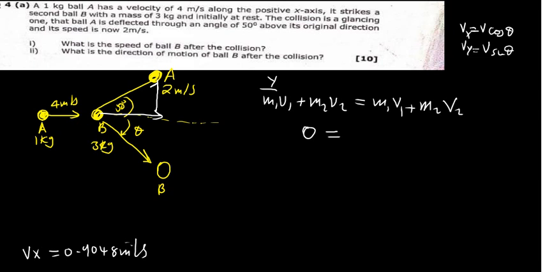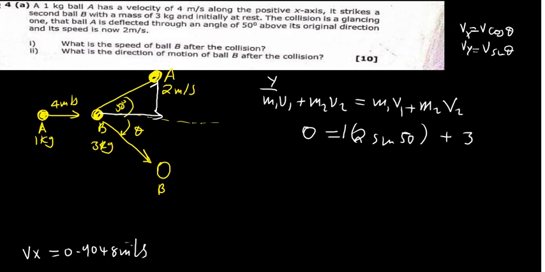That will be equal to, now in the y, we can see that this one is opposite to the angle. So that is going to be 2 sin 50. Okay, 2 is the velocity. Now I've forgotten the mass. The mass is 1 kg.